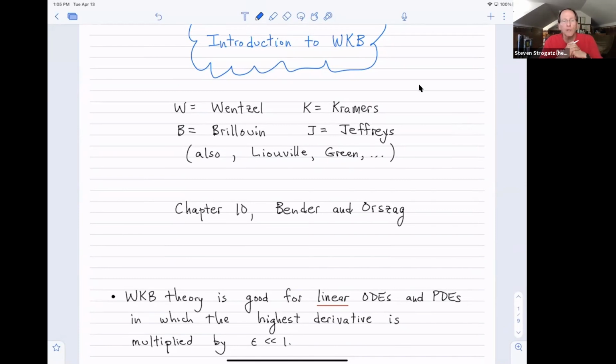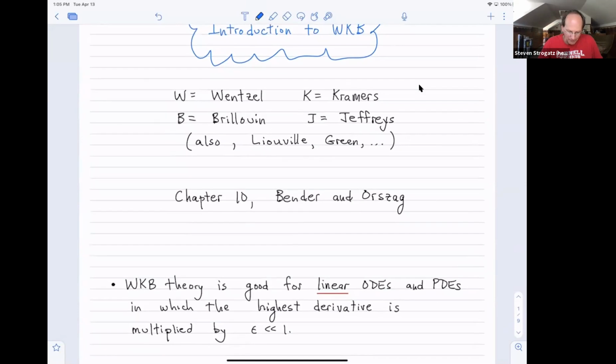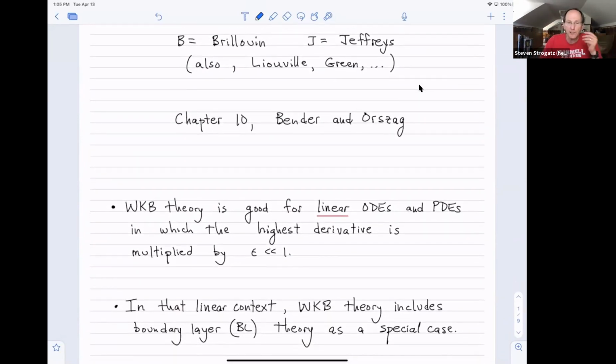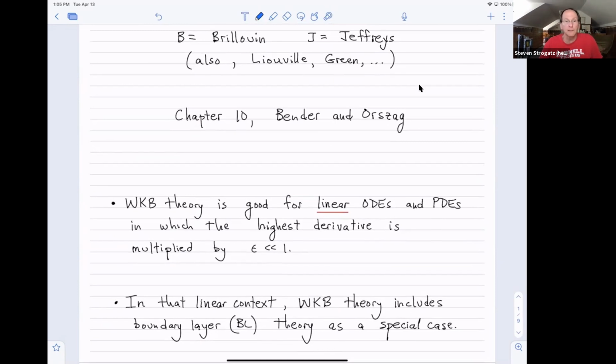So it comes in when you have the sort of situation we were dealing with in boundary layer theory, where there's a small parameter epsilon multiplying the highest derivative. So to that extent, very much like boundary layer theory. Now, actually, in this linear context, WKB theory, you could say, subsumes boundary layer theory as a special case. So I'll do an example showing that it actually gives you boundary layer theory. Just pops right out. So that's interesting.